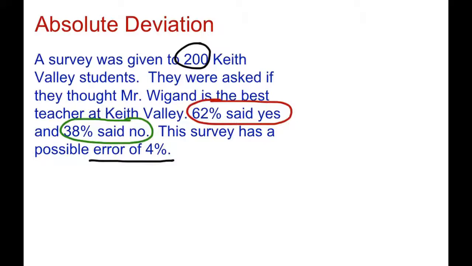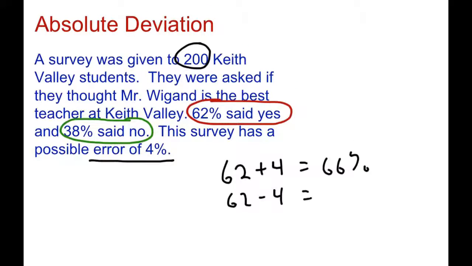Now what they're saying here is that since we really didn't ask every kid, we're taking a survey trying to figure out what the real results would be if every kid voted on this. There could be a slight error because we only asked 200 kids. So these 62% that said yes, well, it could be 4% more than that. It could be really 66% that said yes. Or it could be 4% less, and maybe only 58% said yes.